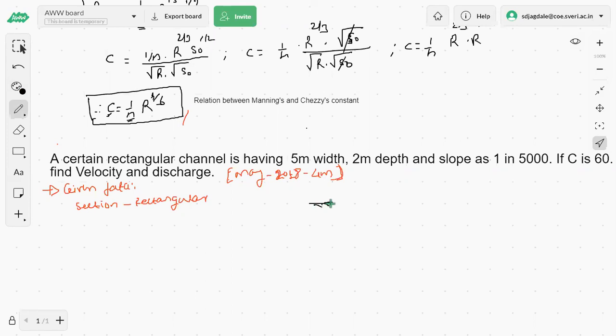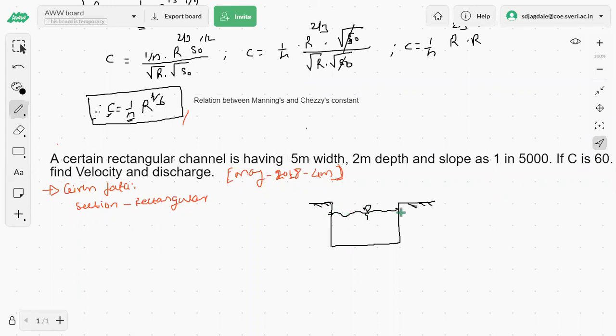Suppose that this is the ground level, this is its depth which is given to us as 2 meters and width as 5 meters. Such a rectangular section they had given us. We'll consider that this is the water surface elevation, the flow depth we can say.